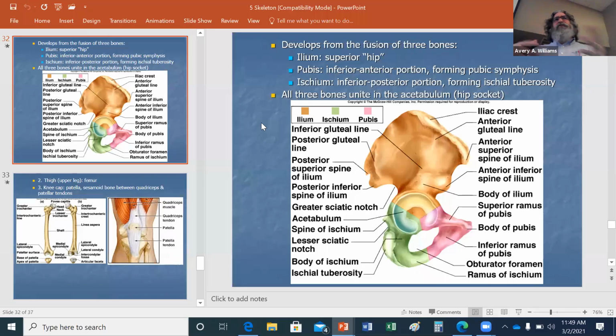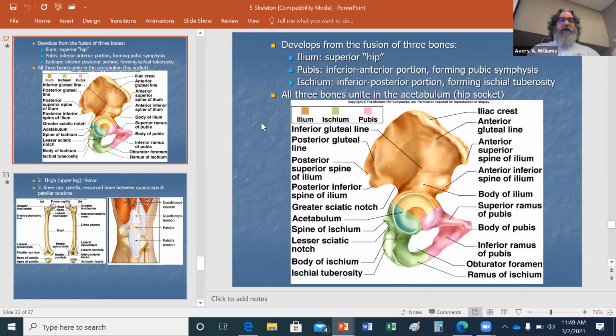How am I going to ask these bone questions? Well, I will ask, which of the following bones are of the axial skeleton, or which of the following is appendicular? I'll give you a list of bones, and you should know all bones of the body, whether they are axial or appendicular.